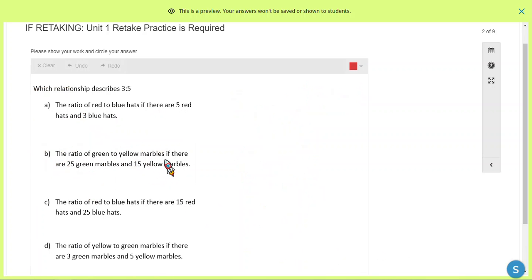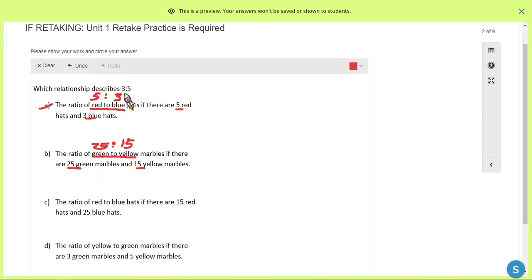In number 2, it says which relationship describes 3 to 5? The ratio of red to blue, if there's 5 red, and it's right here, to 3 blue. Well, that doesn't match our ratio of 3 to 5, so it can't be A. Green to yellow, so there are 25 green to 15 yellow.